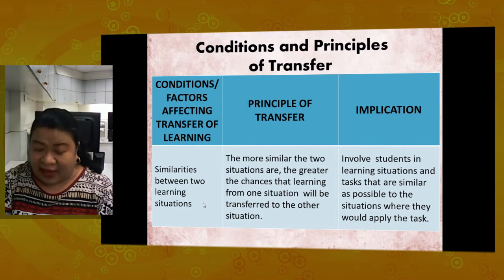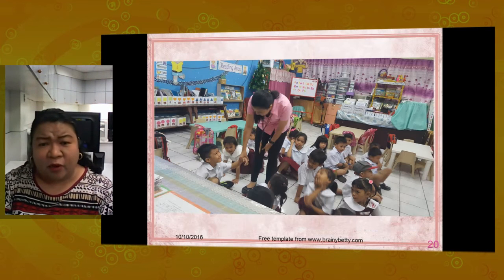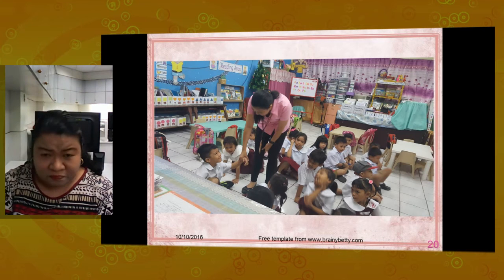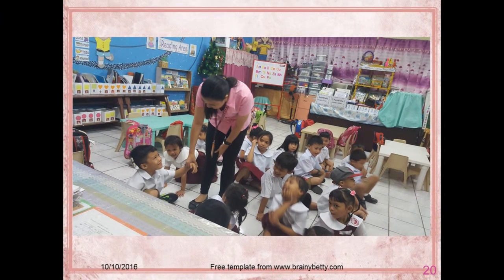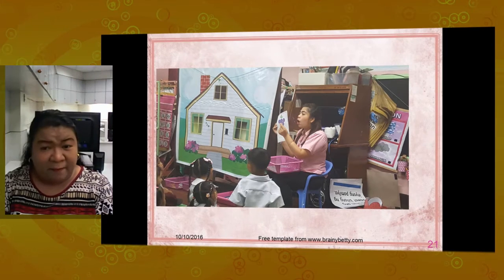apply the task. As an example, let me share with you, our fourth year students take their internship, and you see they're able to teach in the public school. This is a kindergarten classroom in the public school, and they have enough time to really mingle with the students and really teach them.